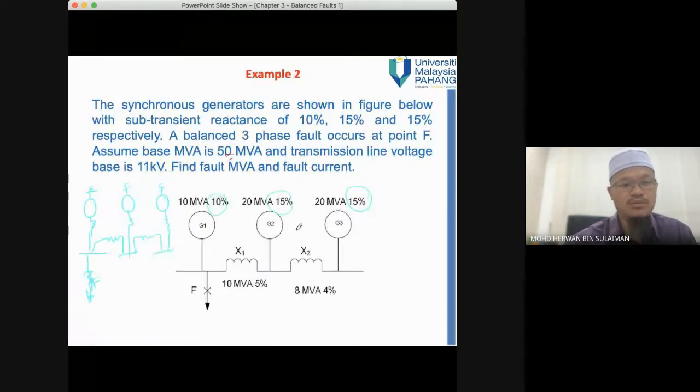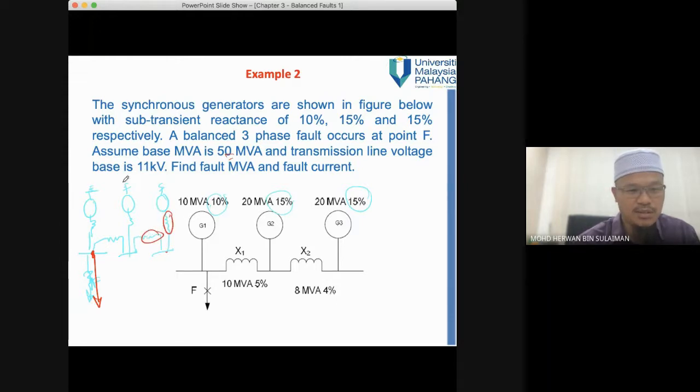So once you dapat value tu, you tengok titik fault kat sini. So ni cabang, ni cabang. So apa you nampak? Ini parallel dengan yang ini. So apa yang perlu buat dulu? Bila ni titik tidak ada cabang mana, maknanya yang ini series, betul tak? So this value tambah dengan this value akan dapat series.